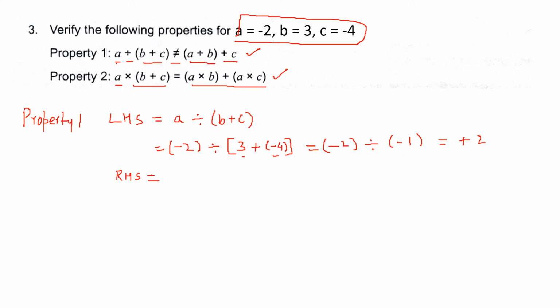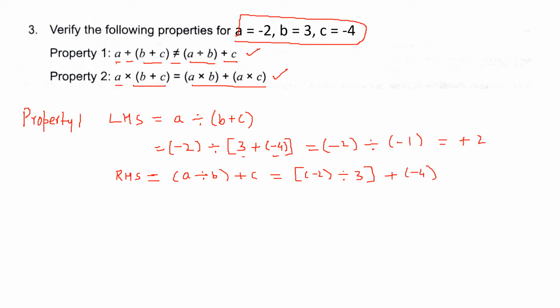Slowly but correctly you have to do the answers. The right hand side says (a divided by b) plus c. So let's proceed with the calculations. a is equal to -2. Let me use a big bracket and then a small bracket. -2 divided by b, that is 3, and plus -4.